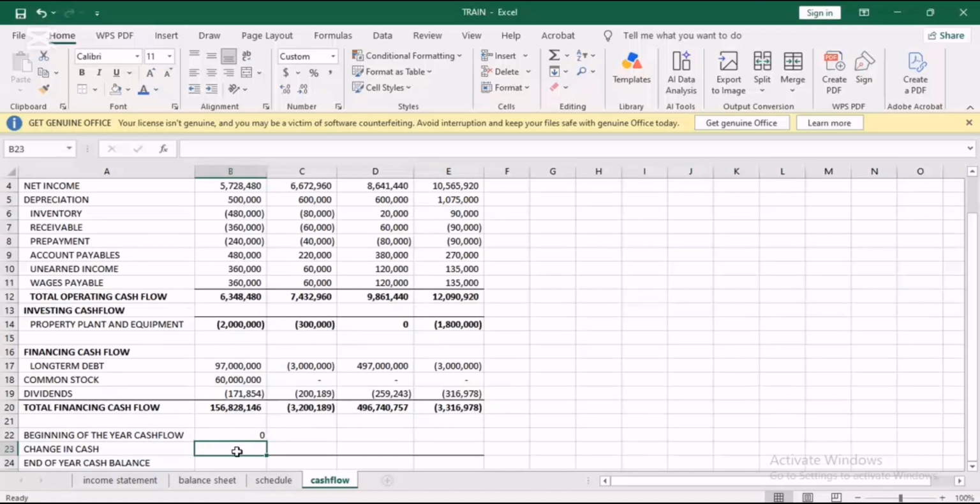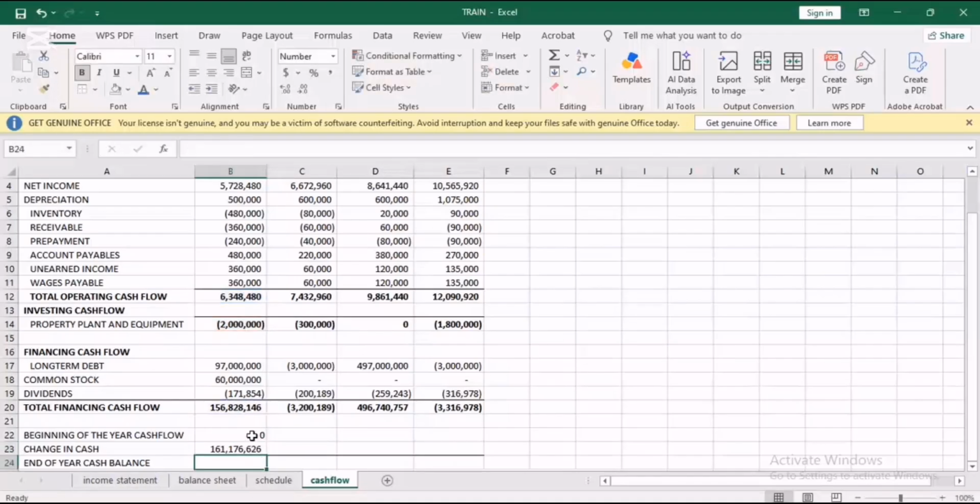I hit equal to, total operating cash flow plus, take away the pop-up of 2 here, the property, plant and equipment, which is a negative, plus, take away the pop-up, my keyboard is getting something wrong, then the total financing cash flow here, and hit enter.